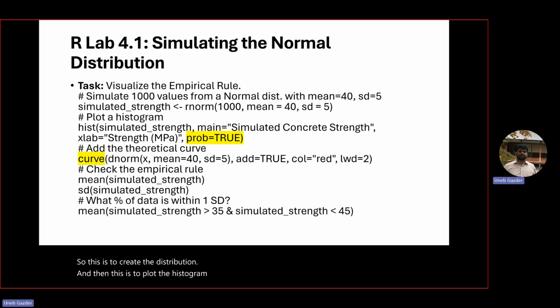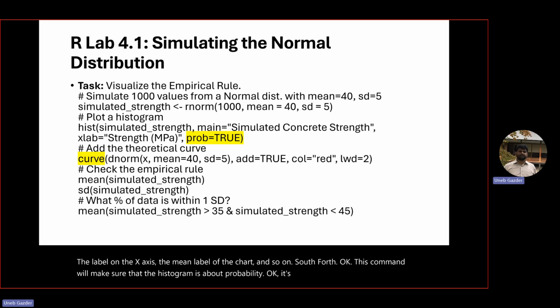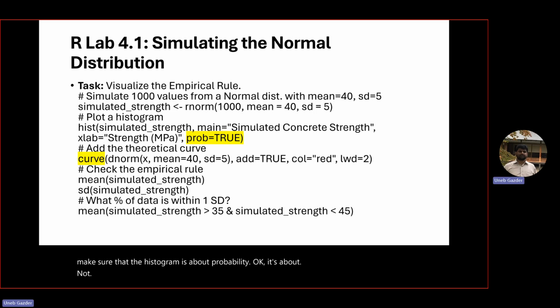These are the labels on the x-axis, the title of the chart, and so on. This command will make sure that the histogram is about probability, so it will calculate a probability histogram.